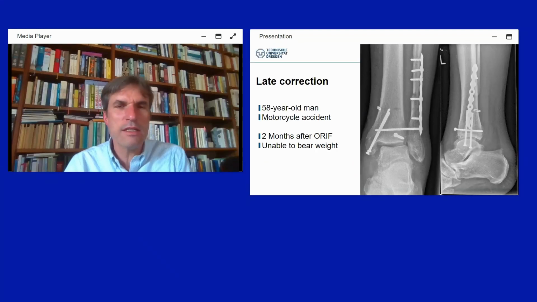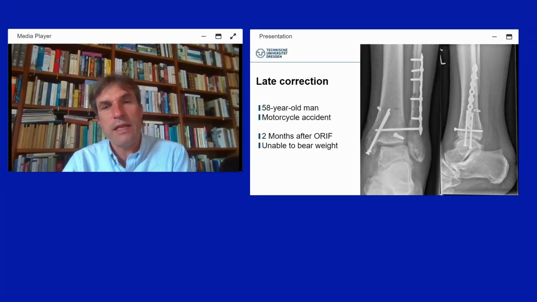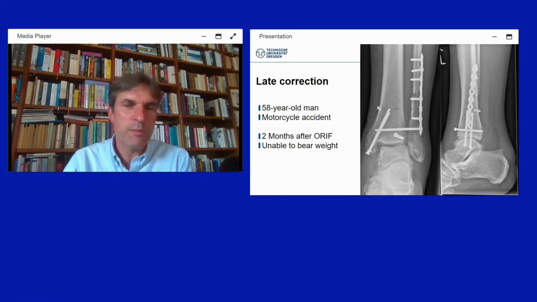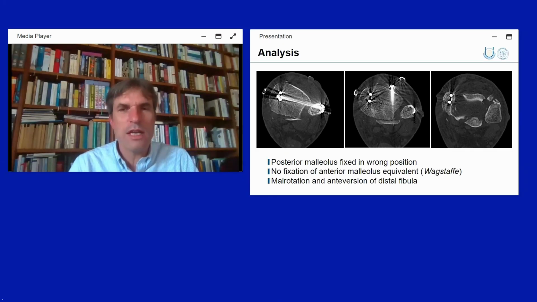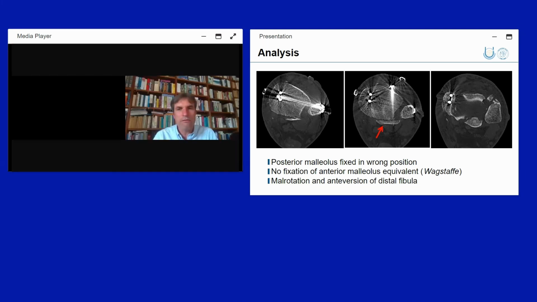And one last case here, another active man, not biking, but motorcycling, which increases the amount of injury to the ankle. He comes in 2 months after ORIF. He was told to gradually take up weight bearing, but he just couldn't. And so CT scan was done on him, and you can see several things. You see the posterior malleolus is completely out and following the laterally displaced fibula.